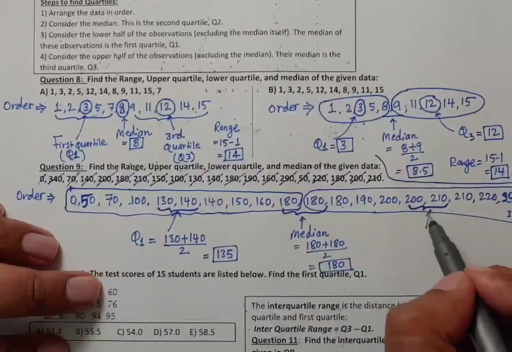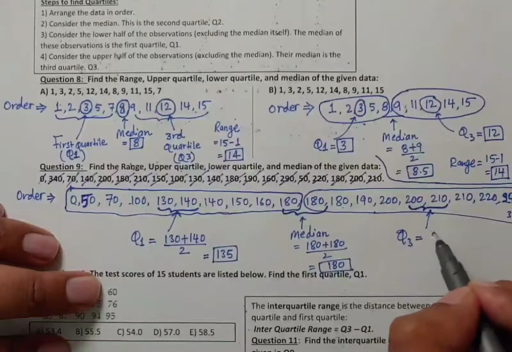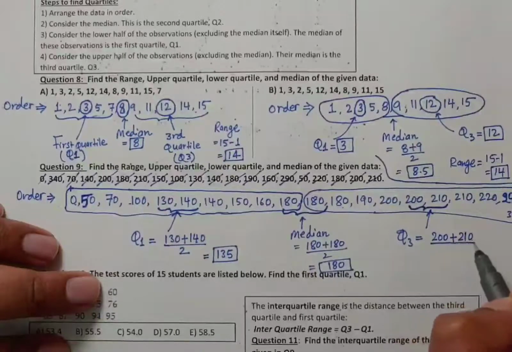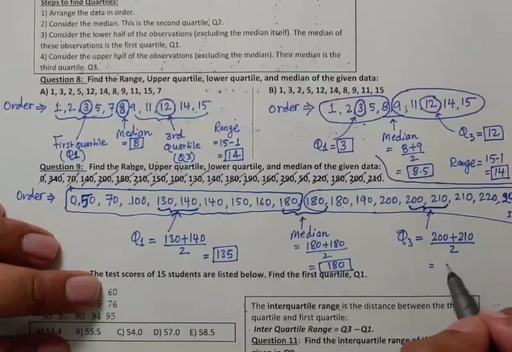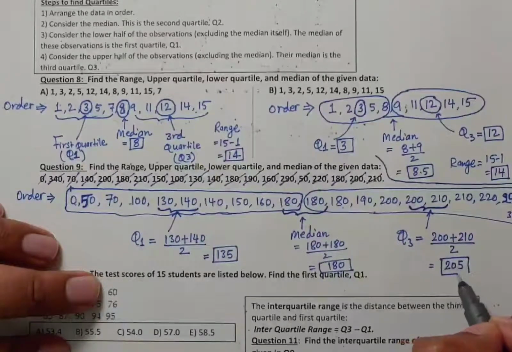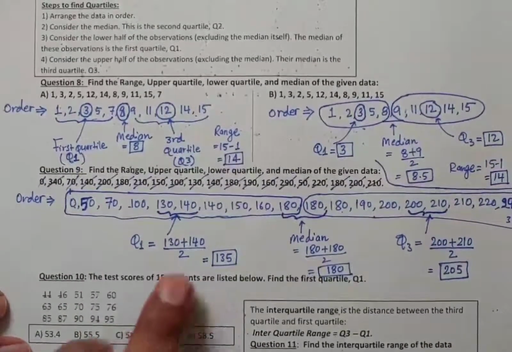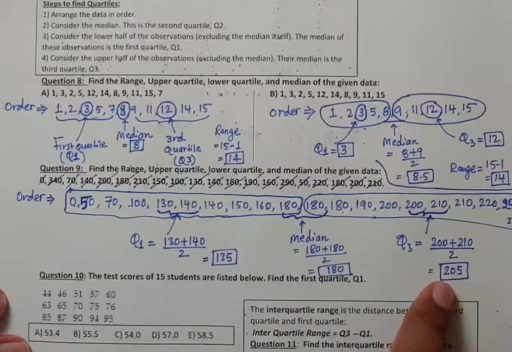So Q3 equals 200 plus 210 divided by 2, and 410 divided by 2 is 205. So this is the first quartile, the second quartile, and the third quartile.